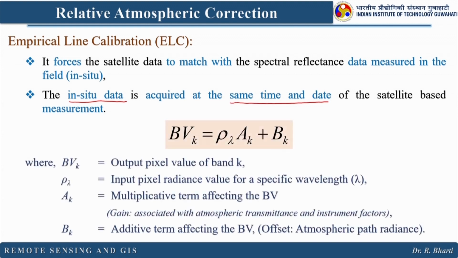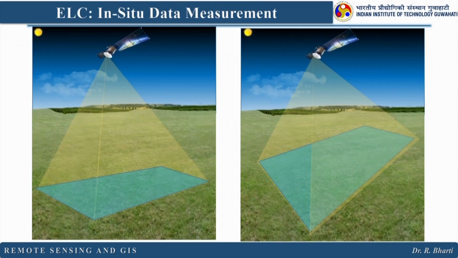Then you can use this equation to correct your satellite images, and we consider that they will be free from atmospheric components. Why? Because when you measure on the surface, there is less interaction with the atmosphere. So, we assume that it is comparatively better and we are directly calculating the surface reflectance.